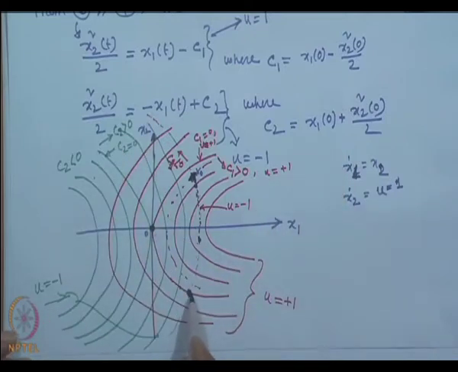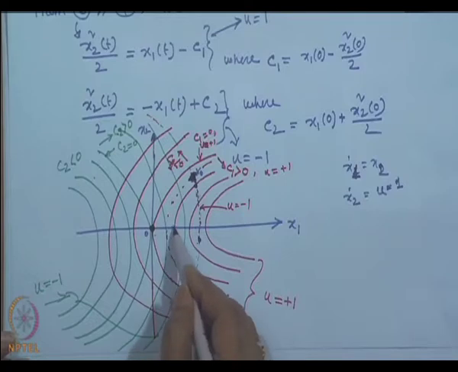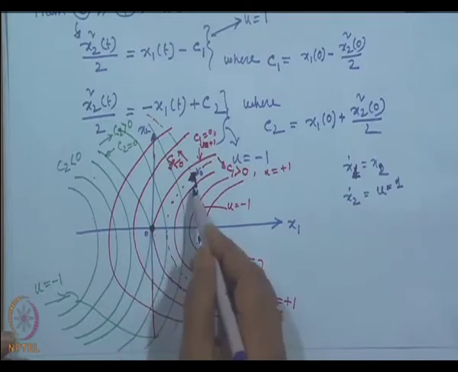Now, you see, when it hits here, u is equal to 1. It hits here also, no doubt, but it cannot reach the origin, it is going this way.